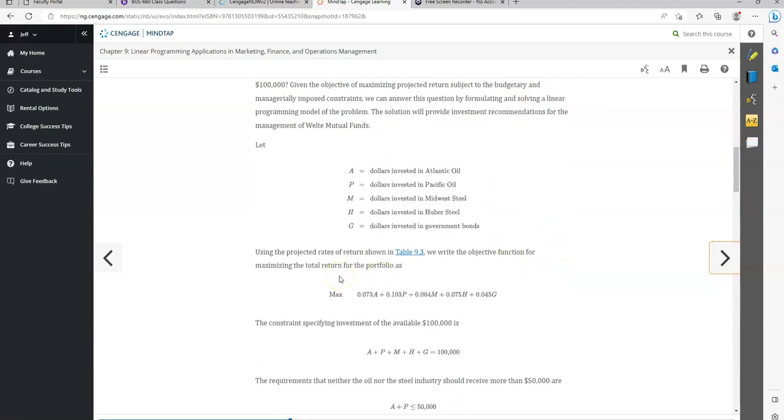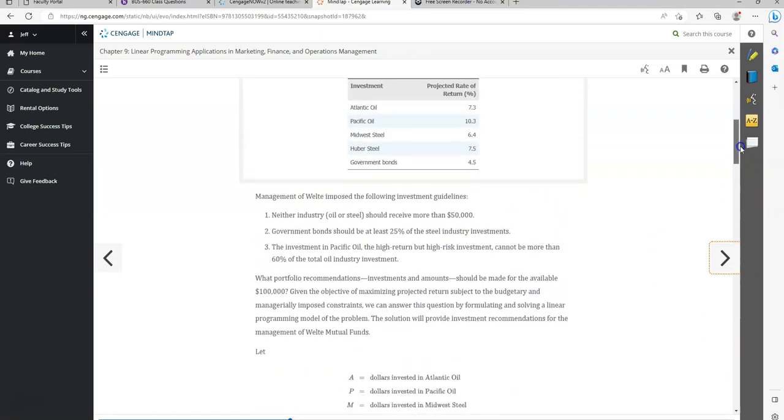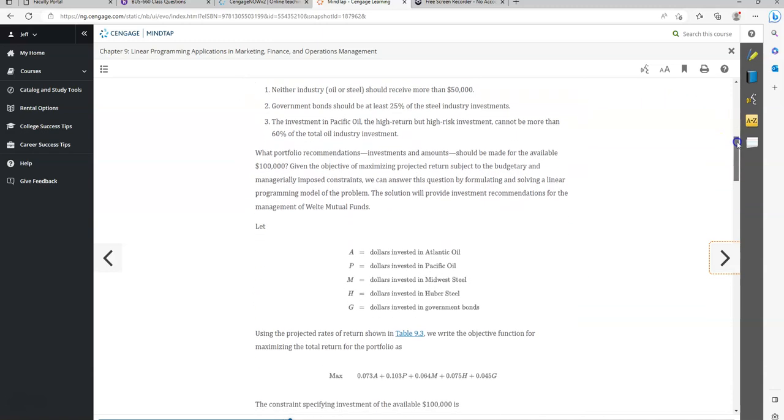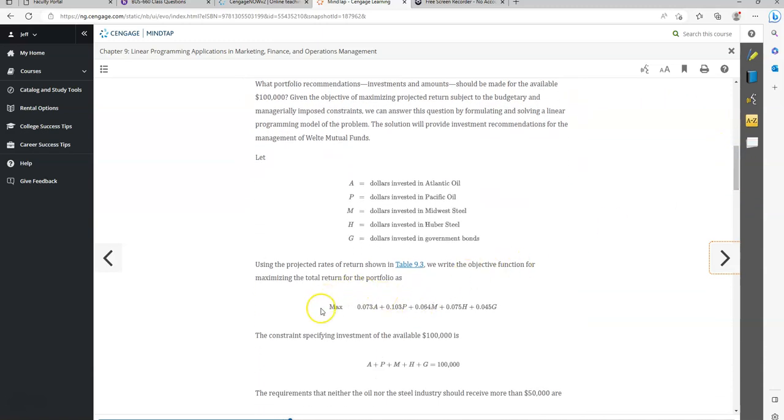So the objective function, obviously, we're going to maximize the profit. These values that you see as the coefficients, if you go back up to the table and turn these into decimals, so 0.073, 0.103, 0.064, and so on, those become the coefficients in the objective function.